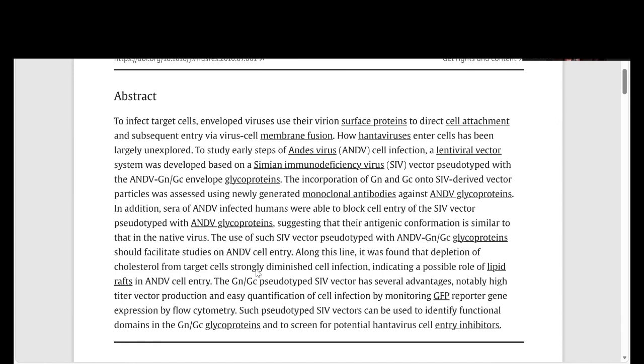But if you were losing your cholesterol in your cells, then you'd have a lot of other problems too. But this research here could be part of a potential antiviral therapy where you target the surface of the hantavirus, maybe with a monoclonal.